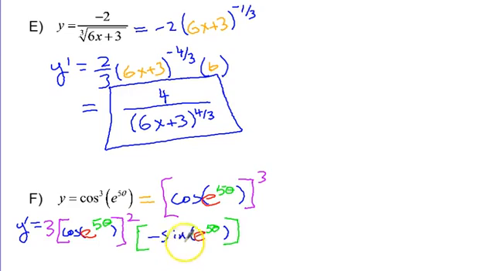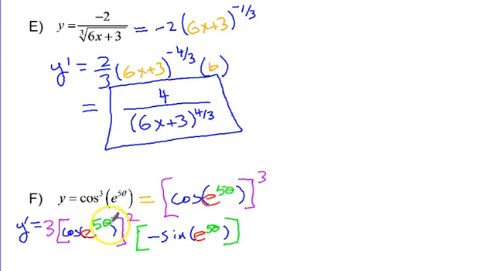Okay, but now I need to take the derivative of the inside function, which was e to the 5 theta. So you may recall that the derivative of e to the x is e to the x, and the general exponential rule was e to the g of x is g prime of x times e to the g of x.